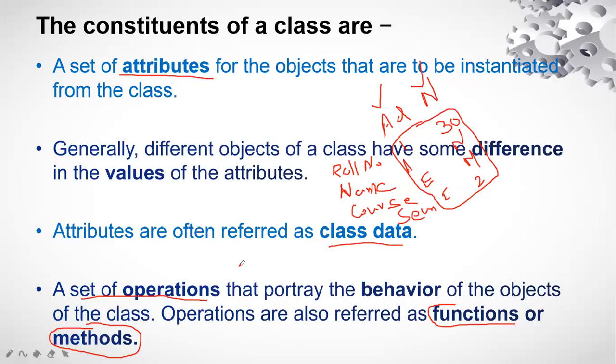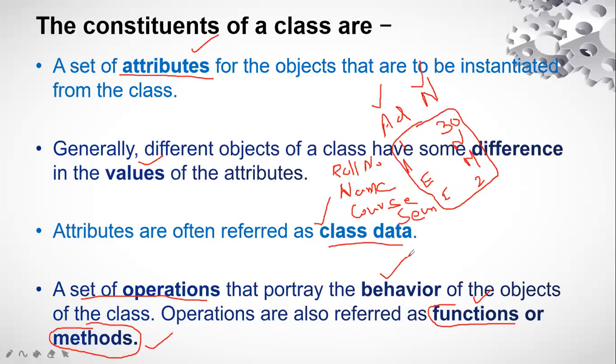So what are the constituents of a class? First thing is attributes. Second thing is the values of the attributes, which are the same under this category. What we call the attribute, we call it class data. The set of operations, we call it functions and methods, right? And what is this behavior?